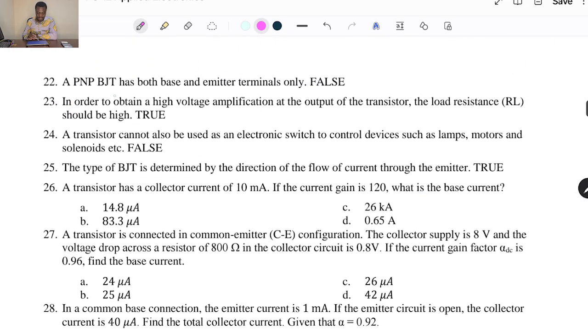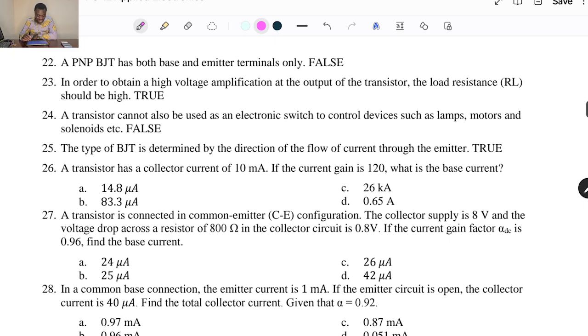A PNP bipolar junction has both base and emitter terminals only. No, this is false. A PNP is going to have the base terminal and the collector. Question 22, in order to obtain a high voltage amplification at the output of the transistor, the load resistance should be high. So this is true.